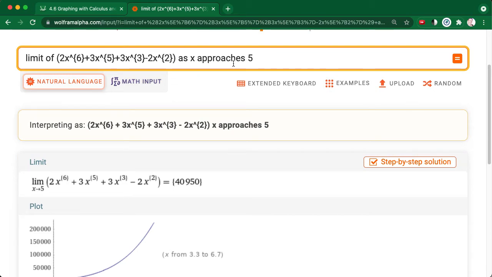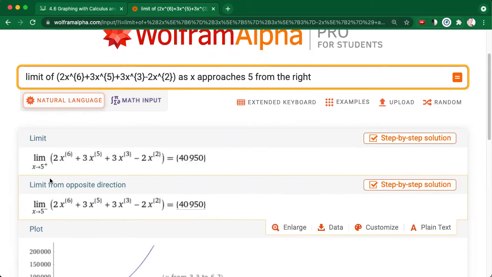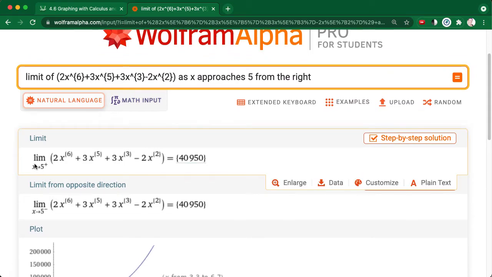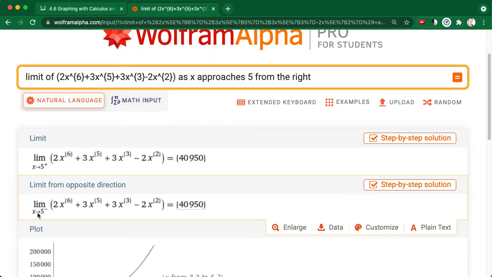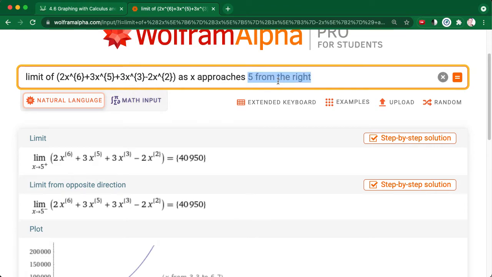So I can take the limit and I could say from the right. And so then that'll give me the one-sided limit. Anytime you ask for a one-sided limit, Wolfram Alpha seems to give you the other one-sided limit as well. I can also ask for as it approaches infinity.